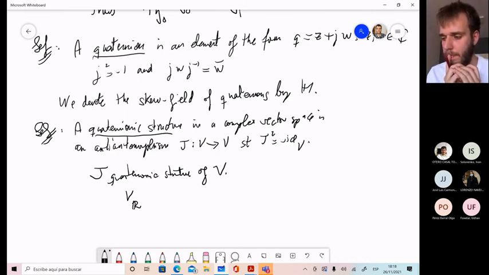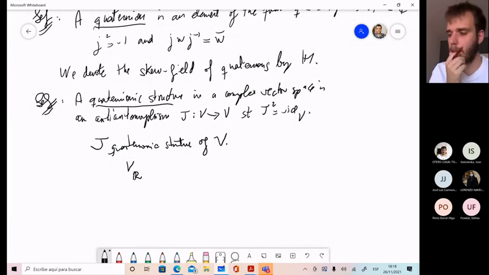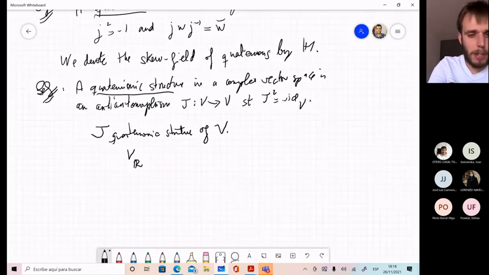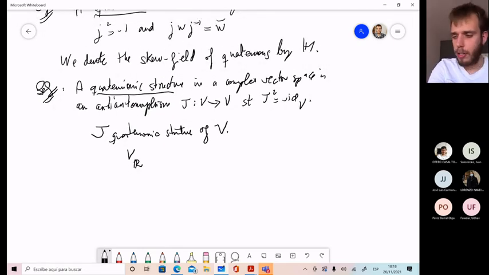What else can I say? Also, to be consistent, if you have a complex vector space equipped with a quaternionic structure, then you can see it as a quaternionic vector space. Maybe this is not an accurate thing to say, but some people talk about quaternionic vector spaces.